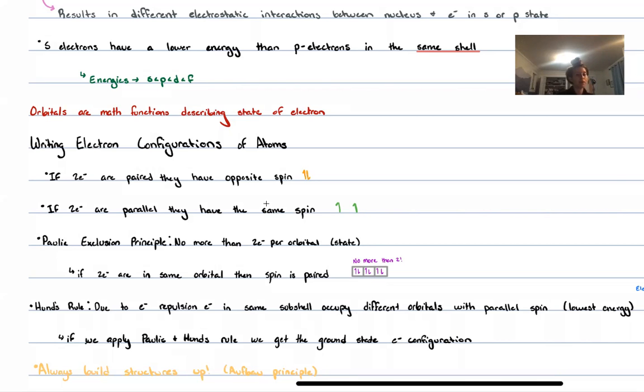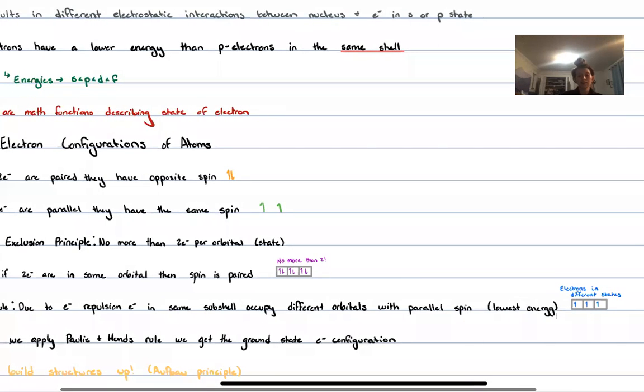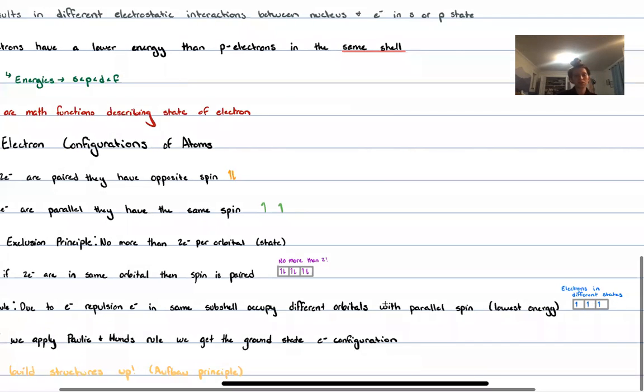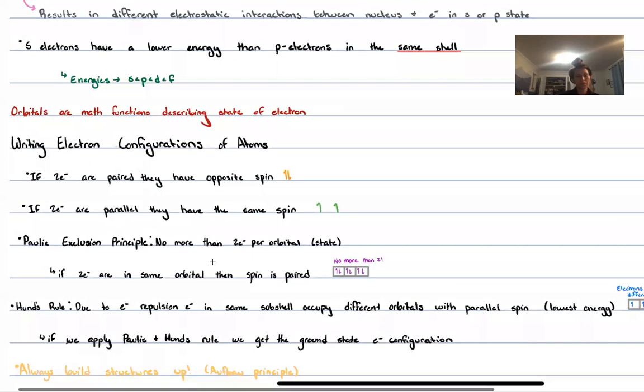If you have parallel ones, then they're going to look something more like this, where you're not over half full, so you have one electron spinning the same direction in each of these orbitals. And then the Pauli exclusion principle states you can't have more than 2 electrons in each of these little states.